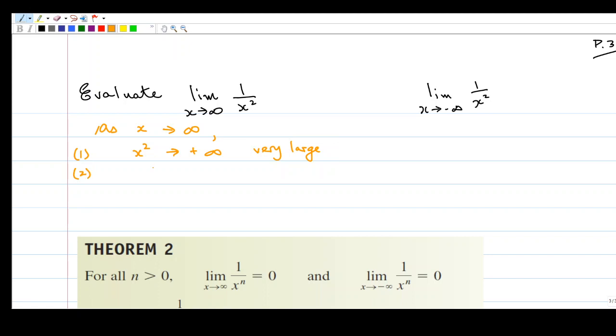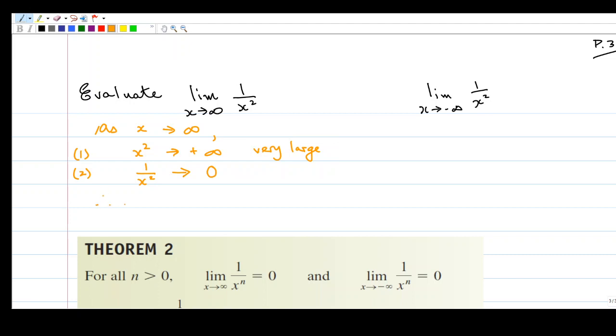So if you look at the structure 1 over x squared, your 1 is a constant, and you're dividing 1 by very, very large positive values, right? And as the denominator becomes larger and larger, the fraction 1 over x squared is going to approach 0. It's going to get smaller and smaller on the positive side, and it's going to approach 0.